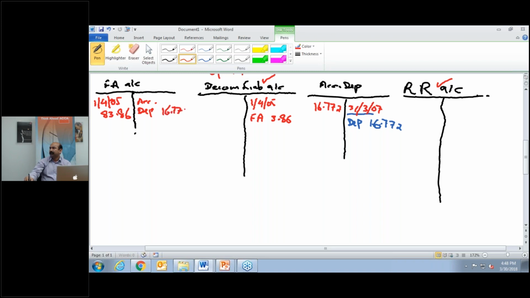And what is the revalued amount? That is 70. So this means the closing balance should be 70, the revalued amount. And so the revaluation surplus will go to other comprehensive income.